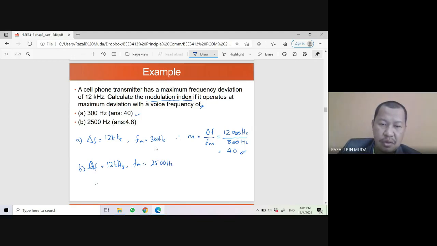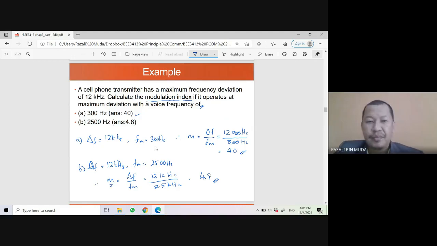So M equal to delta F divided by Fm, 12K divided by 2.5. Using the calculator, the answer is 4.8. This is M, the modulation index.